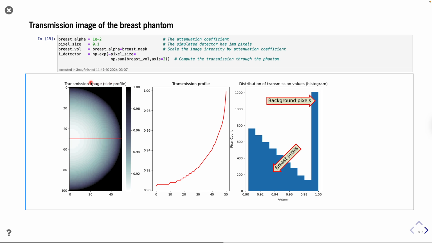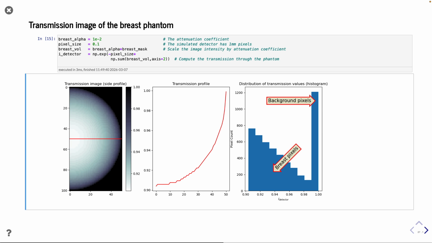So it's a side profile from this breast phantom. See, there is much attenuation in this area, and out in the void there is no attenuation at all. So this is, in principle, what an X-ray film would see.